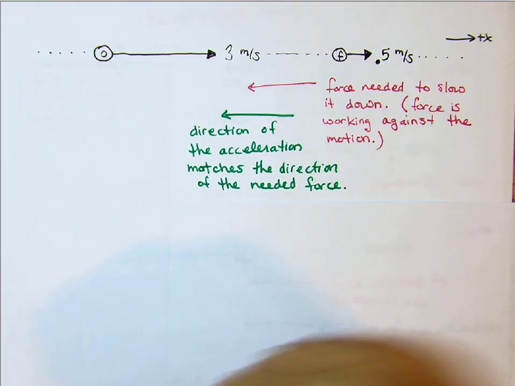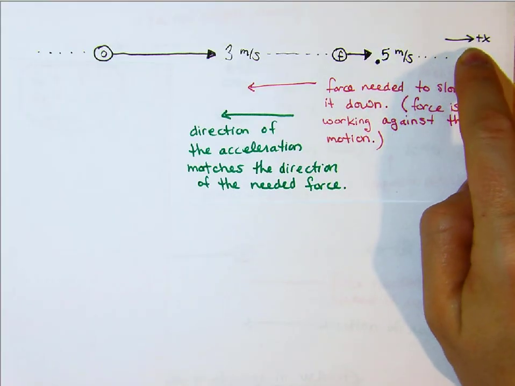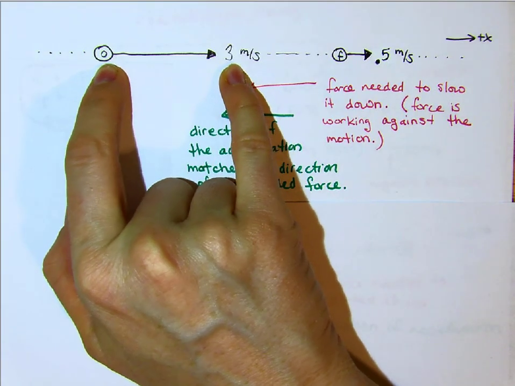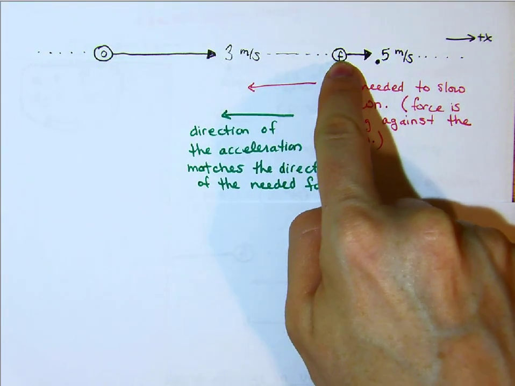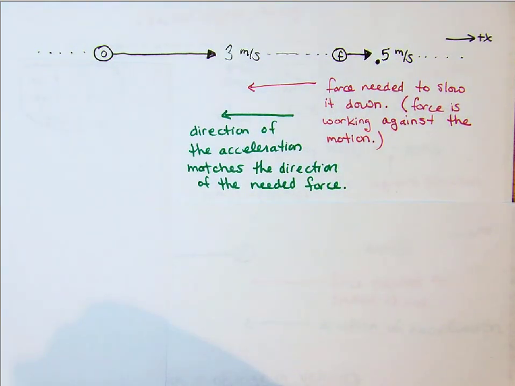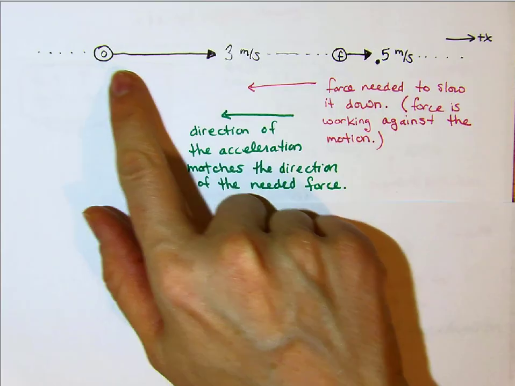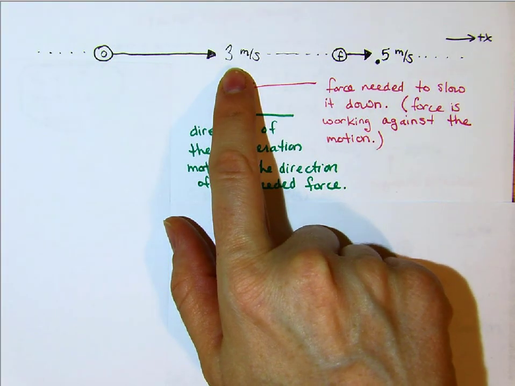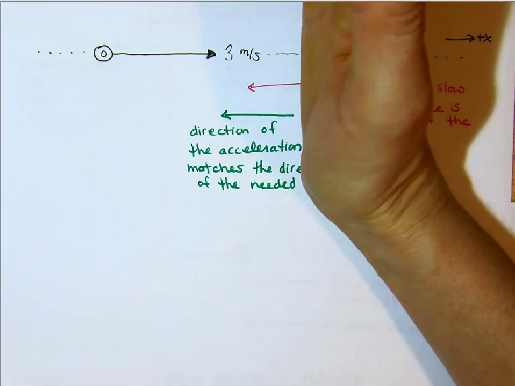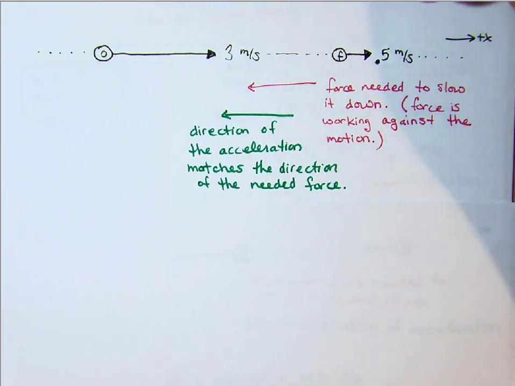All right, new example. Again, I've got my plus x defined to be to the right. So originally it's moving to the right at 3 meters per second, and sometime later, finally, it's moving slower to the right at 0.5 meters per second. So if a cart was moving forwards and it has to slow down, you can almost imagine somebody's hand kind of getting in the way and pushing on it to slow it down.